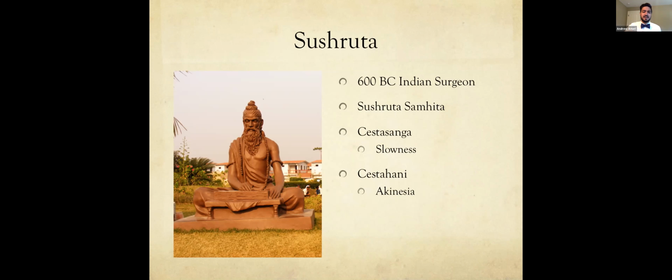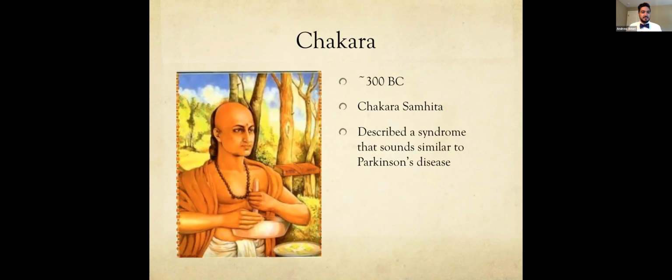Our next character got a little closer to characterizing an actual entity similar to Parkinson's disease. And this is Chakra, another Ayurvedic physician who is often referred to as the father of Indian medicine. He was particularly interested in tremors, and in his work, the Chakra Samhita, he described a syndrome characterized by rigidity, tremor, slowness, gait disturbances, dementia, and depression.